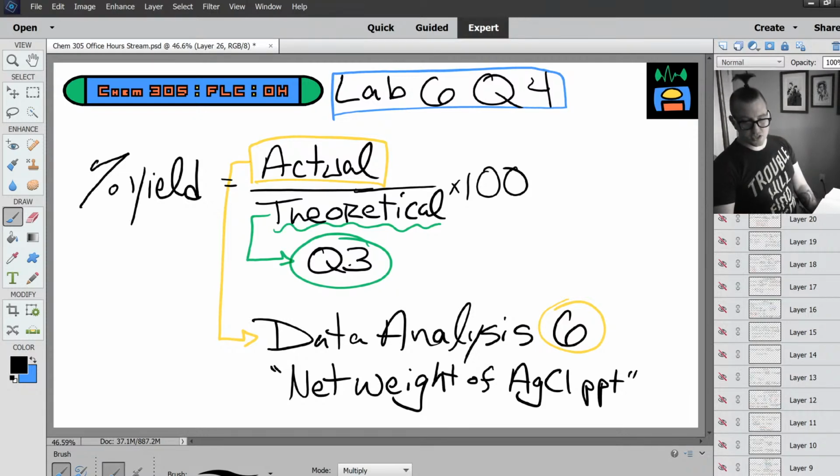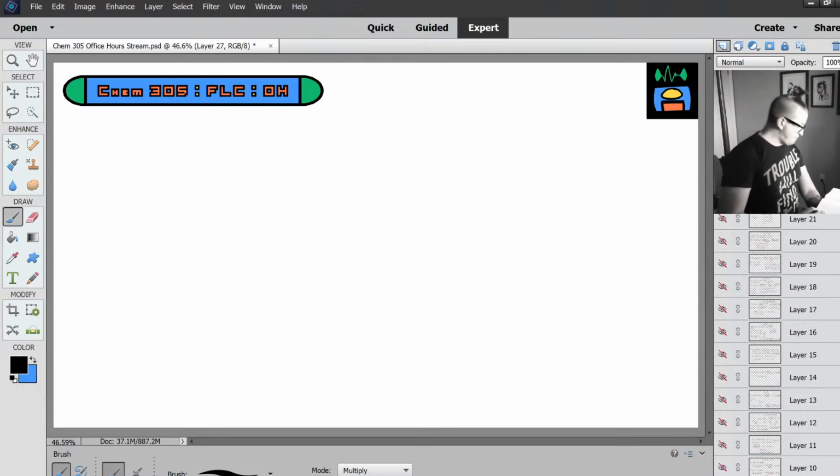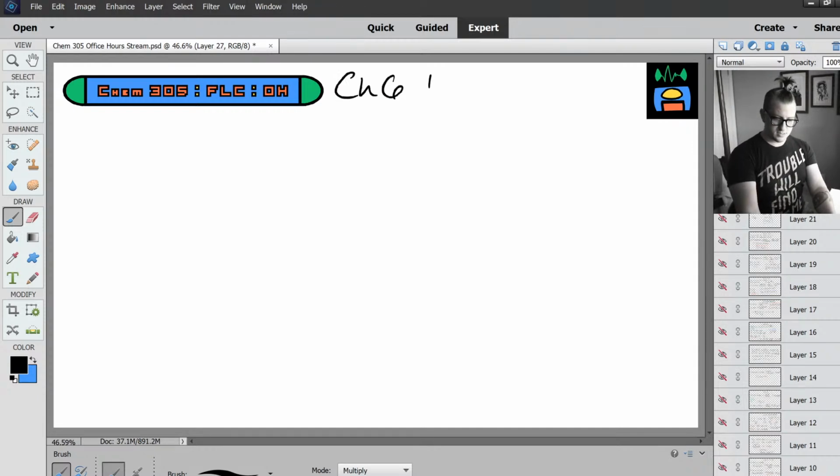Okay, so to do this problem, we need a balanced chemical equation, which they don't give us. That's a little nasty, but we can do it. So this is chapter 6, number 80.